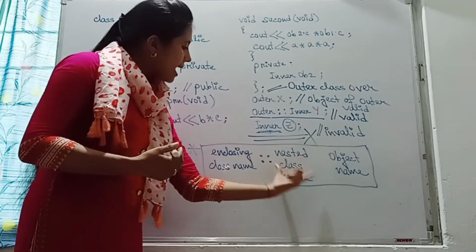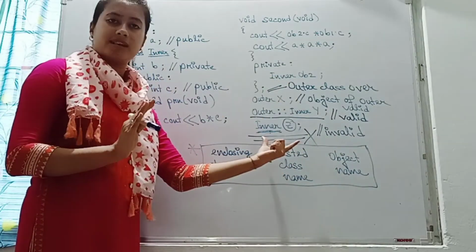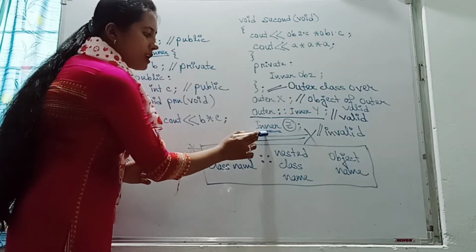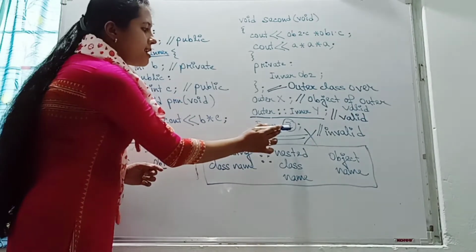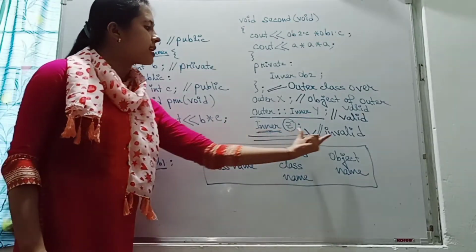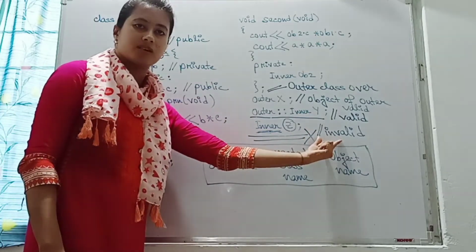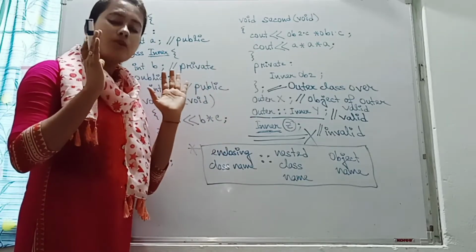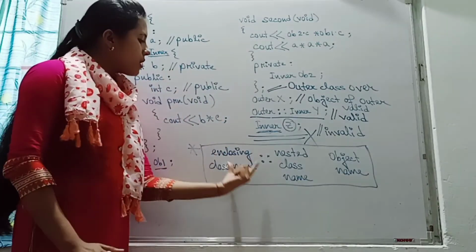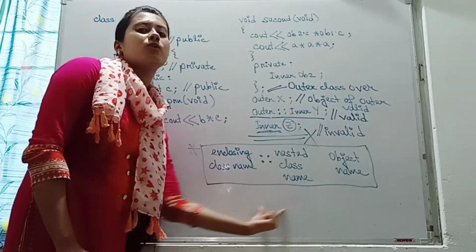Okay, then only your definition will be valid, or else it will be invalid like this one. Only the nested class name is there and then the object name. There is no mention of the enclosing class name, so that's why this statement has become invalid. So in order to make your statement valid, you have to follow this particular condition.